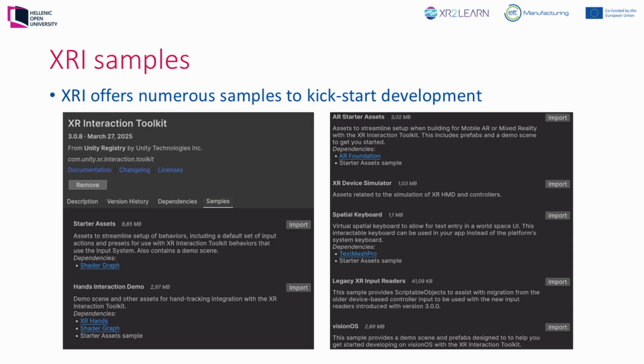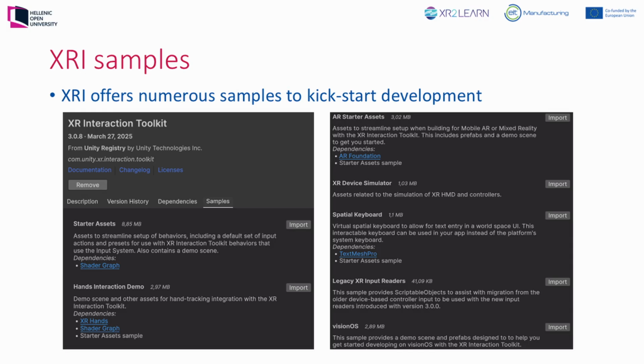More specifically, XRI offers numerous samples to kickstart development. These include starter assets, which should be installed almost always when using XRI, and many others, ranging from virtual hands, a virtual keyboard, and more.